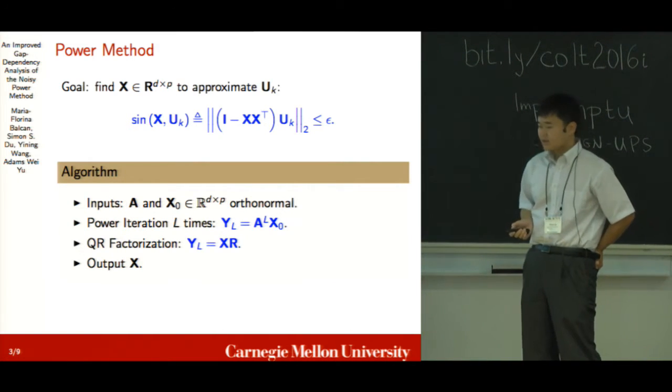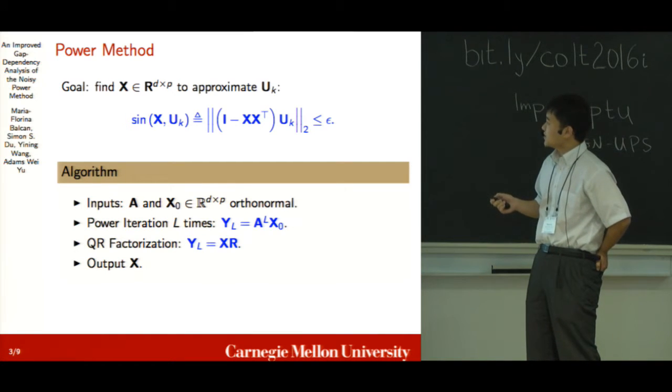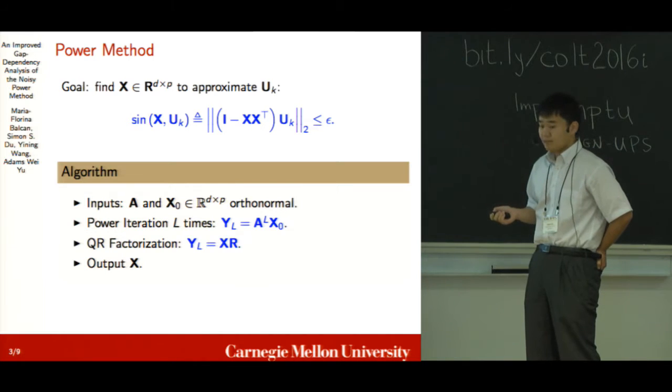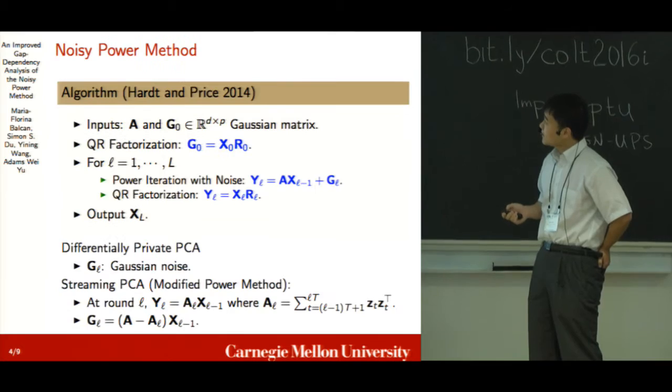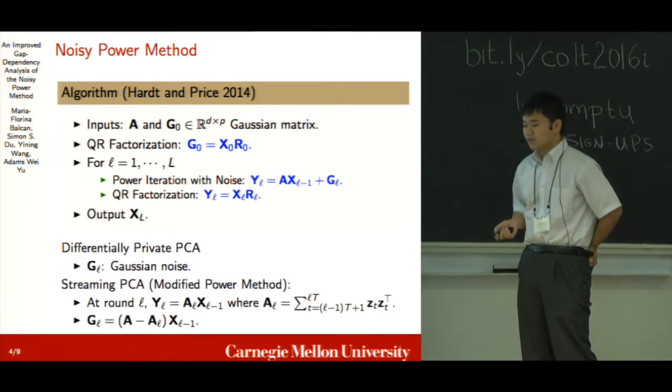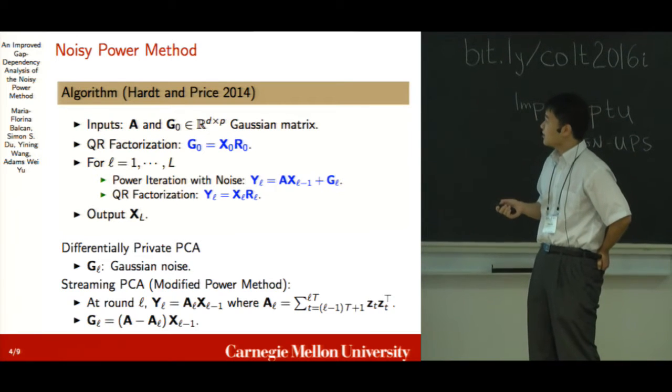The power method is a traditional method to output this matrix X. You left multiply the original input matrix L times, and at last you renormalize it and output the orthonormal matrix. The noisy power method is a recent work by Moritz Hardt and Eric Price in 2014. At each iteration, we have an additional noise, which can possibly be adversarial.